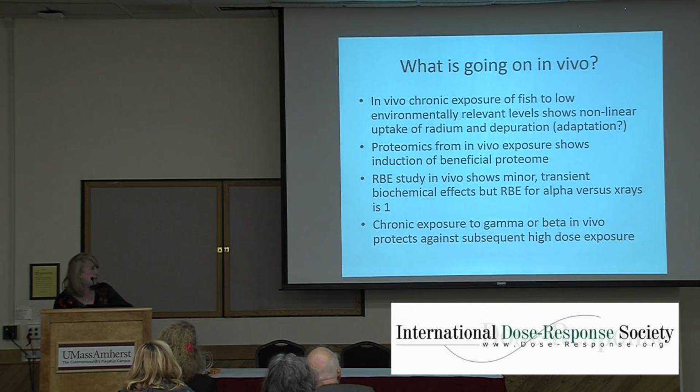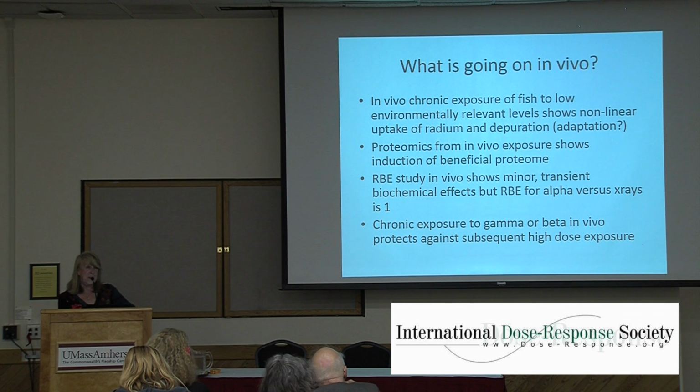The RBE study in vivo shows minor transient biochemical effects, but the RBE for alpha versus X-rays is 1, so there's no difference. You're not having this big factor of 10 or 20 when you're down in the environmentally relevant dose range. And by environmentally relevant, I mean the levels that are found in the uranium mining areas, like the ponds in those areas.